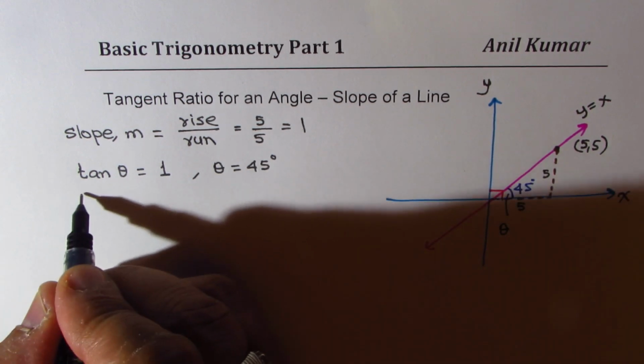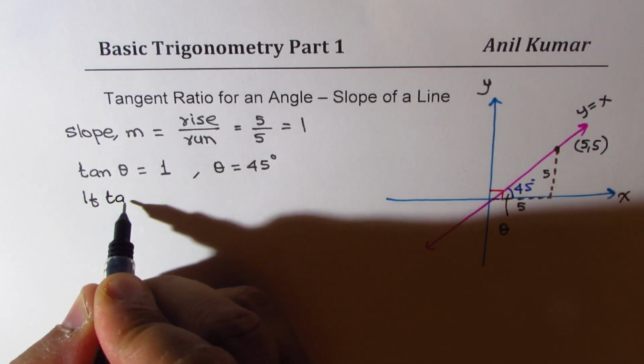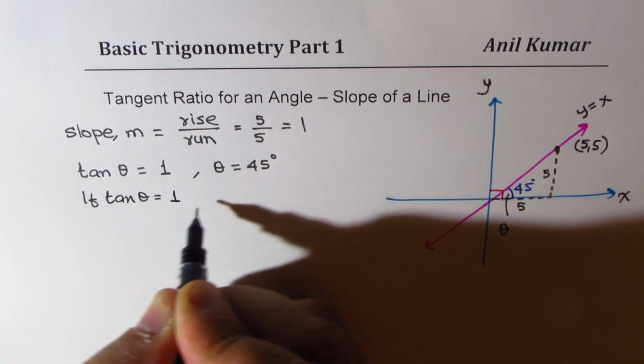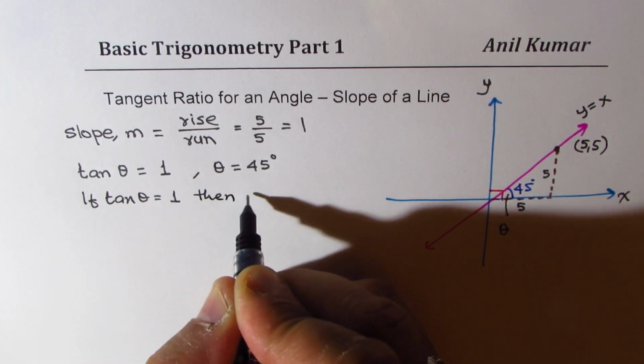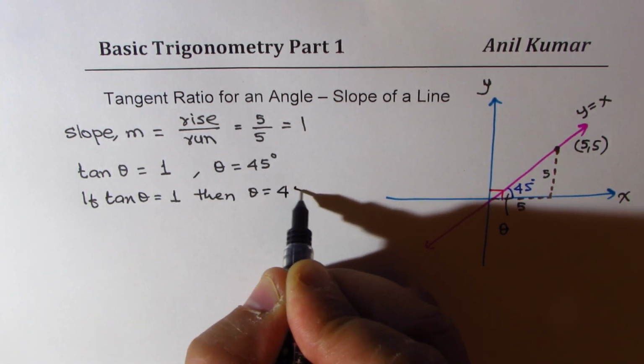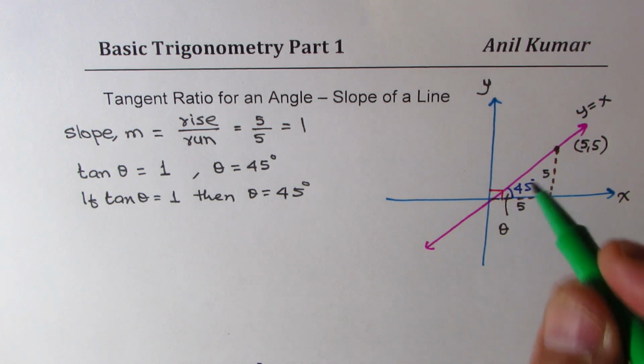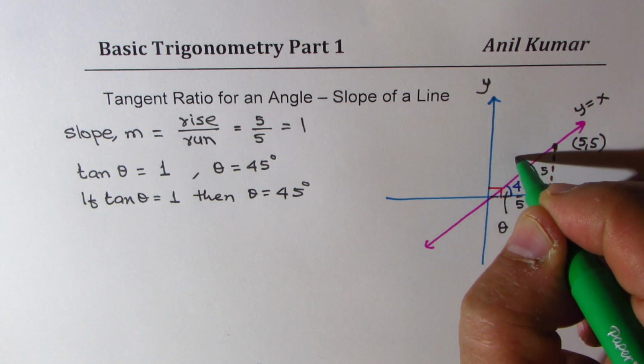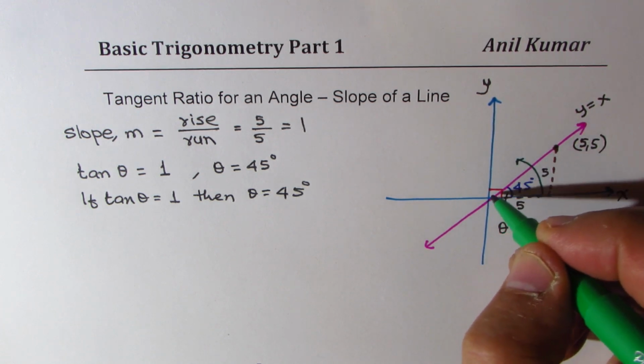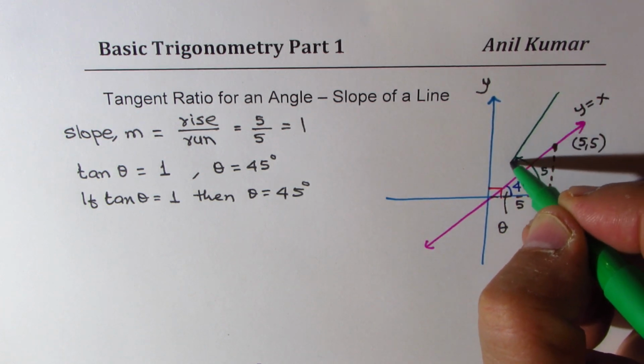Correct? So we can say if tan theta equals 1, then theta equals 45 degrees. Does it make sense? So we are trying to create a relation between the two. Now let's consider a few other lines. For example, if I increase the slope of the line and draw the next line going through the origin, kind of like this.